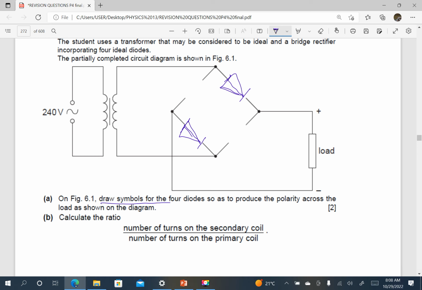Then that will be a complete cycle. In the next half cycle, this diode and this one should conduct to make sure that this is positive. So this should be in this direction. You can use a ruler to draw a better diagram, but I can still make mine better too.